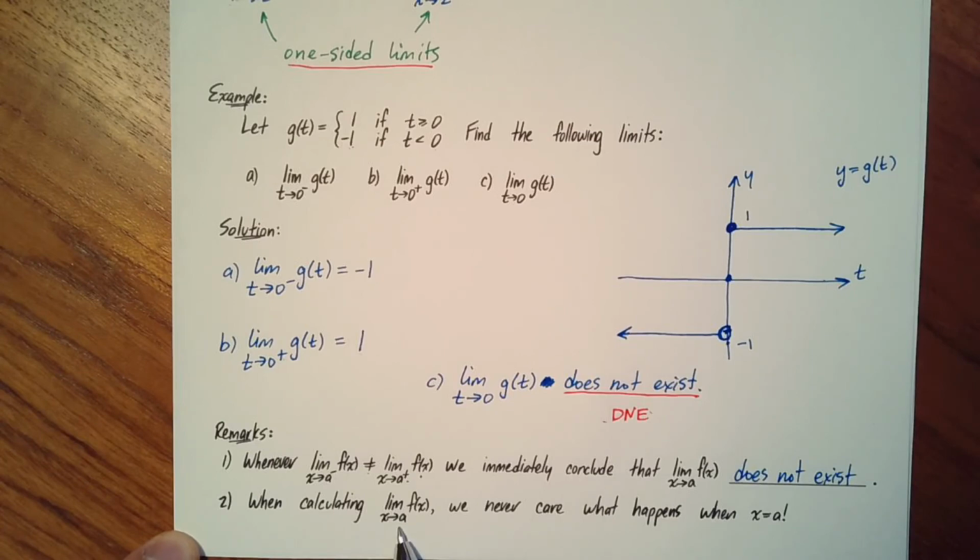Okay, and the other remark says that when you're calculating a limit, and this goes for one-sided limits as well, but I just happen to have stated it in the case of a two-sided limit, whenever you're calculating a limit, let's say as x approaches a, you never actually care what happens to the function when you plug in x equals a. That is absolutely irrelevant. Right? You only care what happens to the values of the function as x gets closer and closer to a. That's the whole point of a limit.